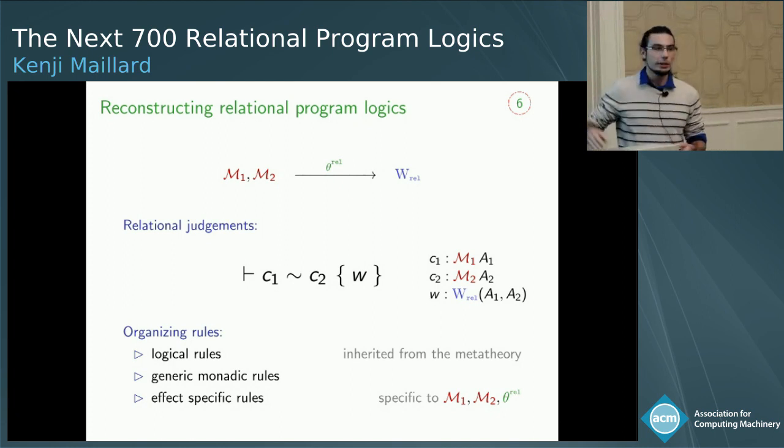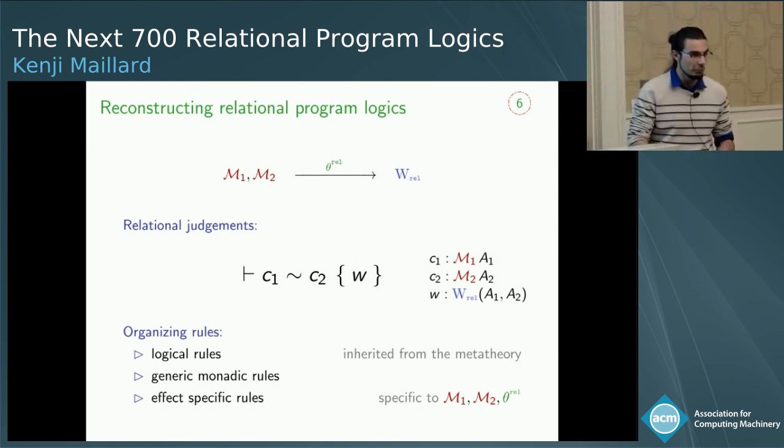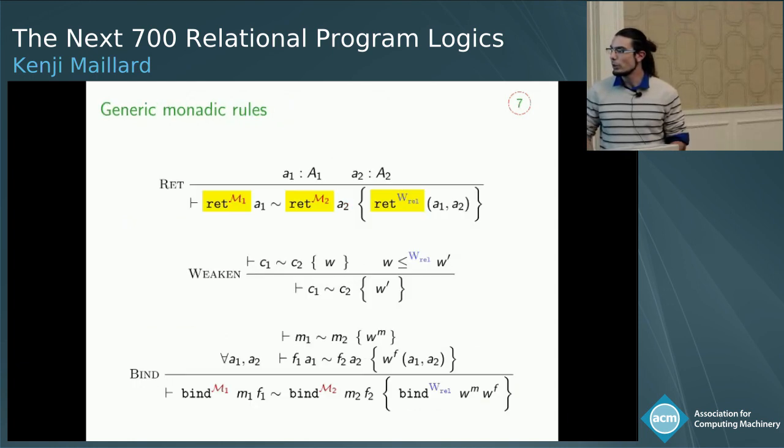So the first two parts are fully generic. The last one really depends on the specific effects that I have at hand and what I want to say about them. So let's have a look at generic monadic rules.